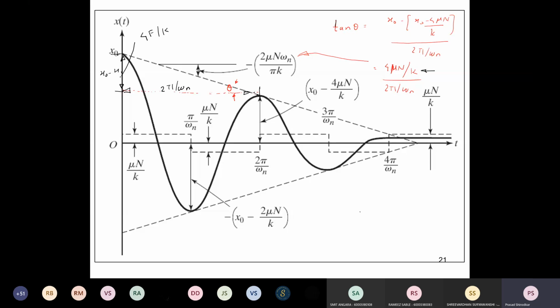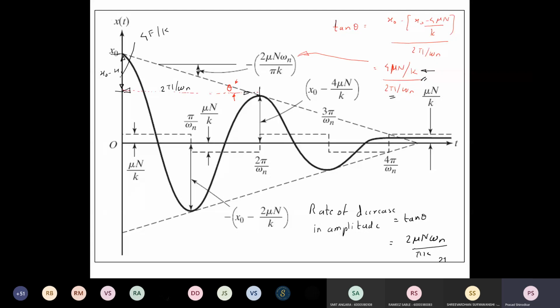So the rate of decrease in amplitude will be given as tan theta, that is the slope, and that comes out to be 4f by k divided by twice pi by omega n, and that comes out to be 2 nu omega n divided by pi.